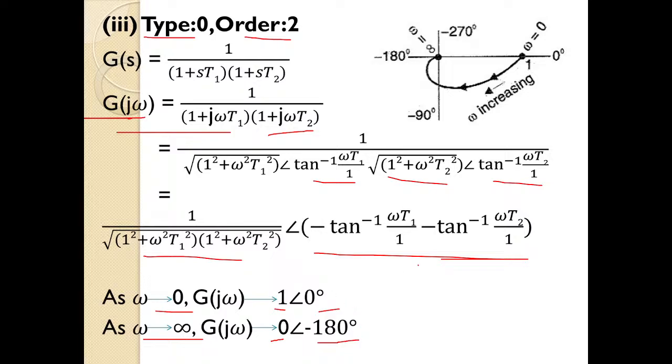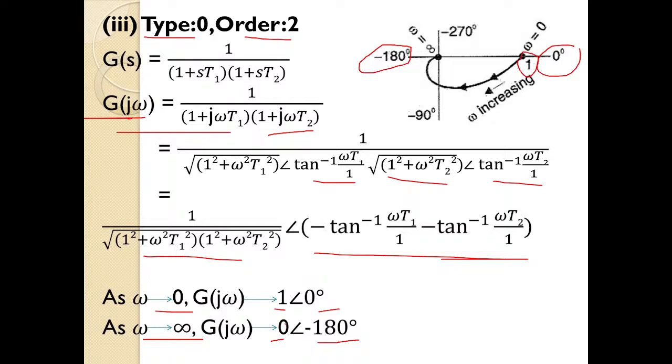Okay. So what is our starting point? The reference axis angle is 0 degrees and end point angle is minus 180. So this is minus 180. This is 0 degrees. What is the magnitude at 0 degrees where the plot will start? Okay. So magnitude is 1. So this is 1.